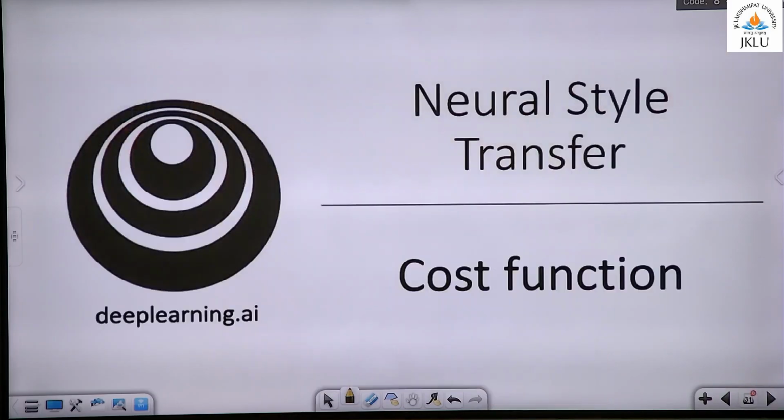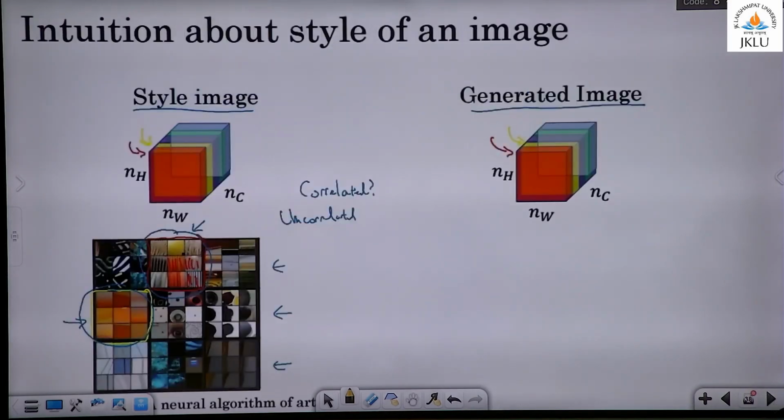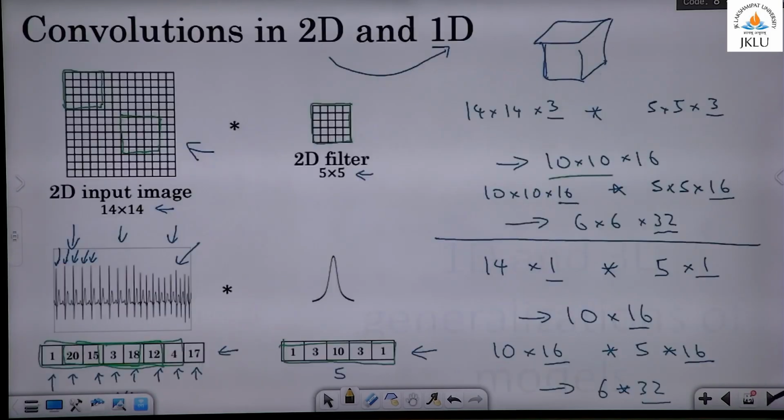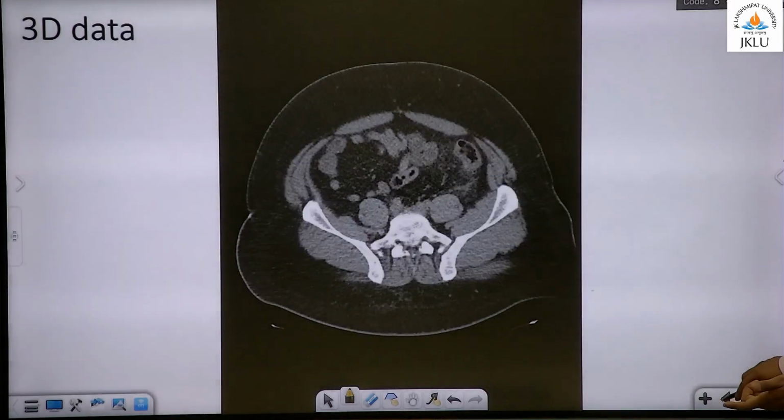And that's it. I think this is all I had to say about computer vision.